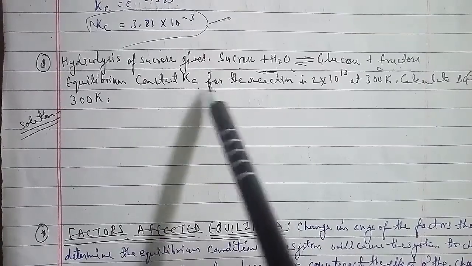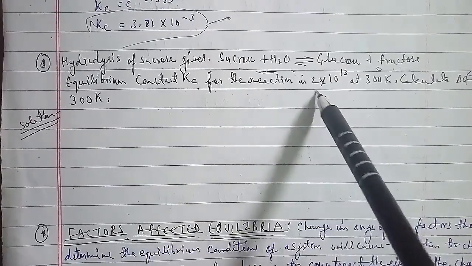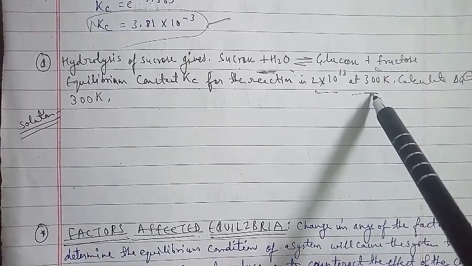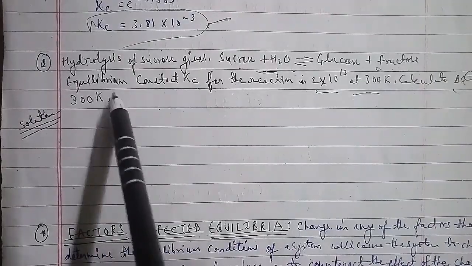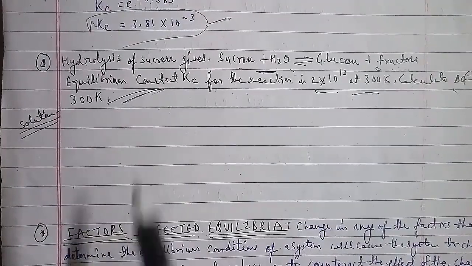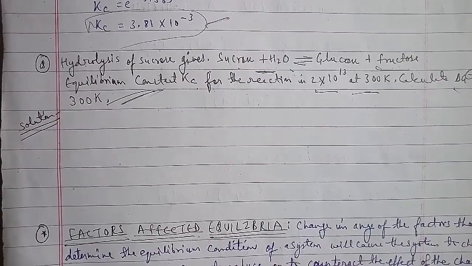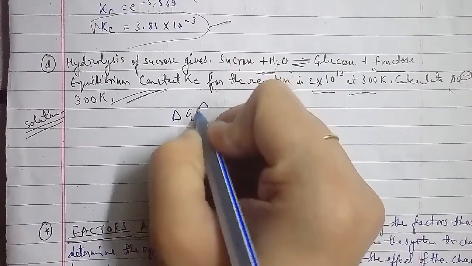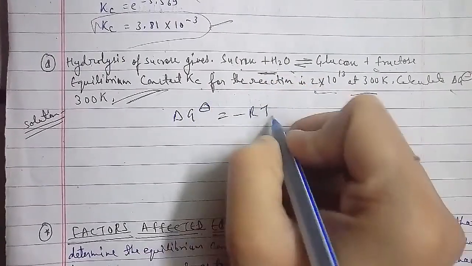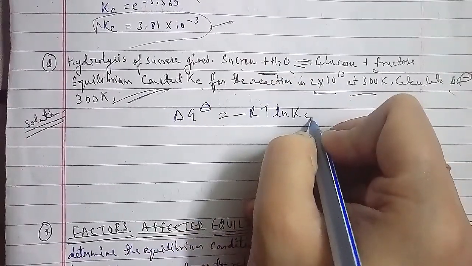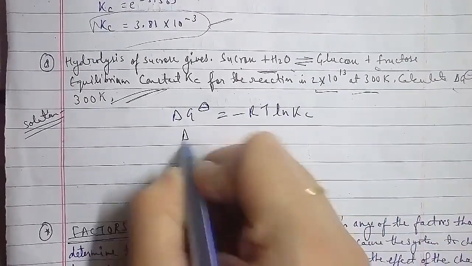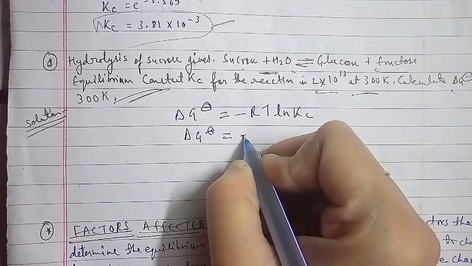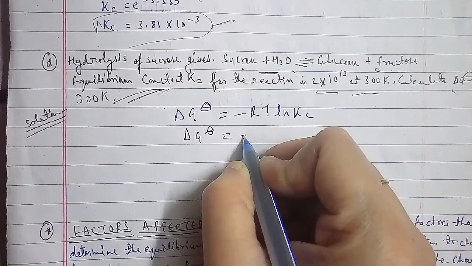Now we'll do the solution for this. For that we have to know that ΔG° = −RT ln Kc. Here R is 8.314 J mol⁻¹ K⁻¹, multiplied by 300 Kelvin, multiplied by ln(2 × 10¹³).